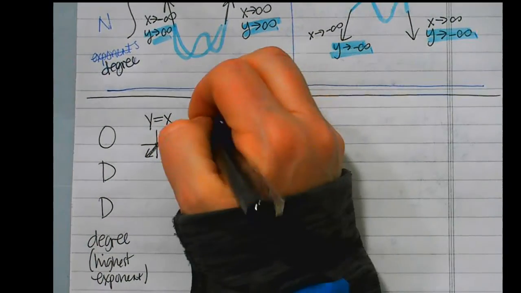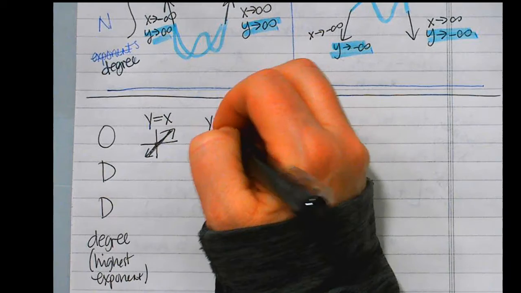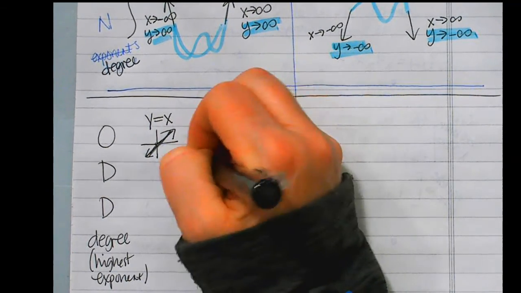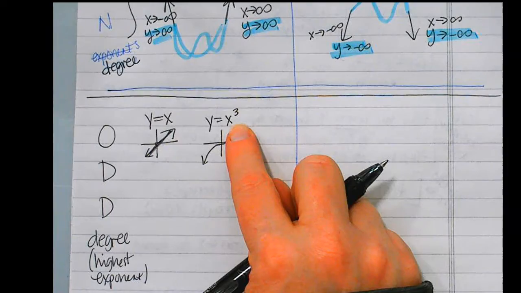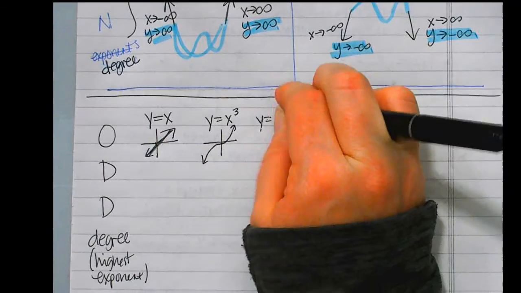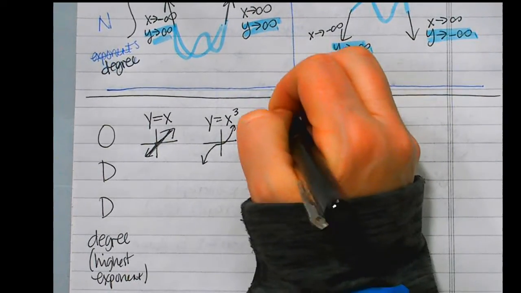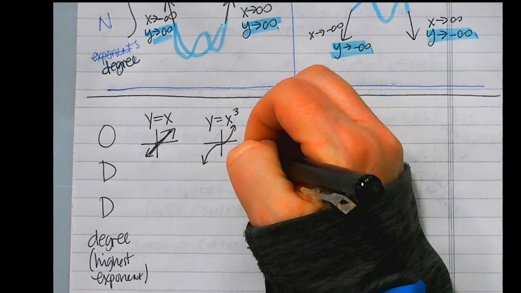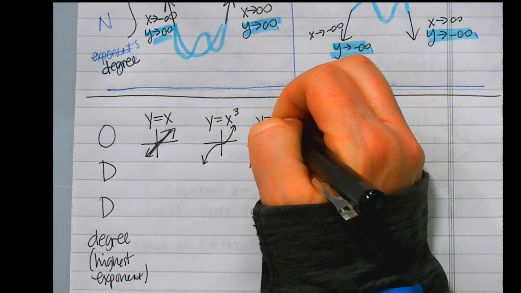Well, the same thing happens with x cubed, except it has sort of a wiggle in it because it's got a higher power. And then x to the fifth looks kind of like x to the third, but it's actually flatter here.